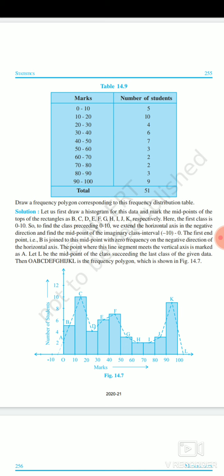Similarly for 100, next 5. Why 5? We noted already, your class width is 10, so divide by 2 as 5. So you are going to add 5 in the last interval and subtract 5 in the first interval.